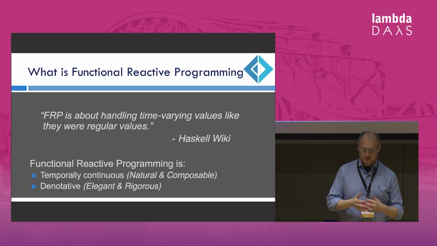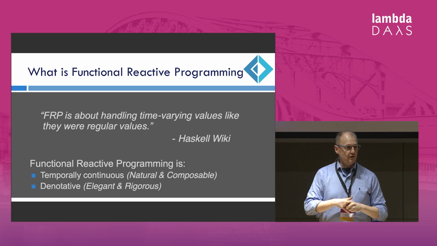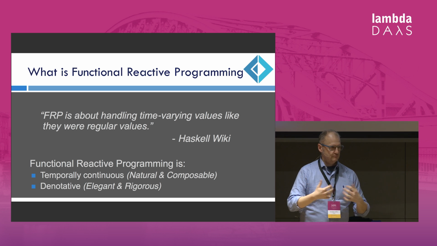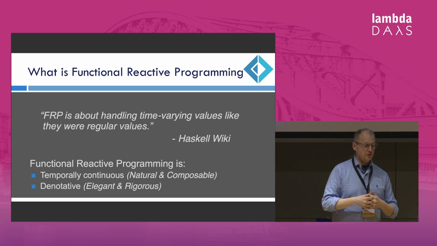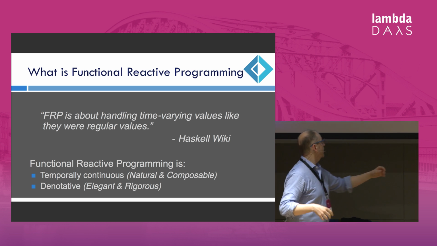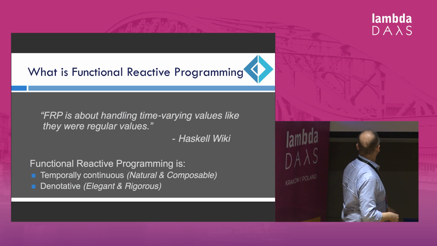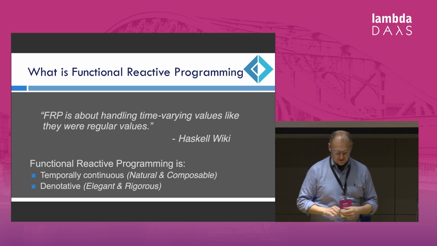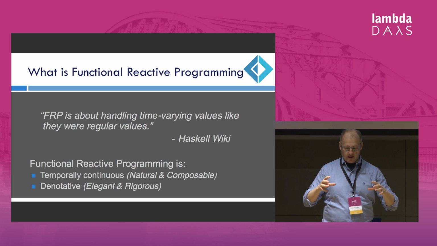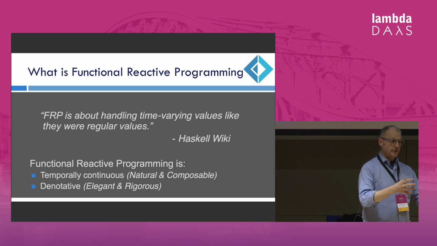Right? It's a mathematical model. But the idea really is used in FRP, or should be used anyway, to build a very elegant vocabulary around your APIs. So there are two main ideas that shape FRP, right? One is denotative, which means that they use a precise compositional semantics and really specify the meaning of each type and building block.